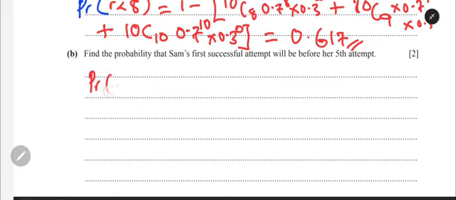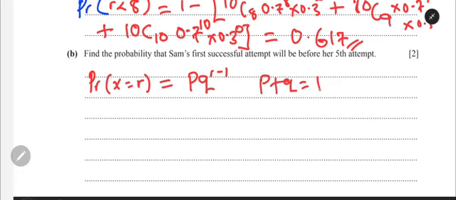For geometric distribution, the probability of x equals r is p q raised to r minus 1, and don't forget p plus q is equals to 1. Then we have probabilities for less than and for greater than.